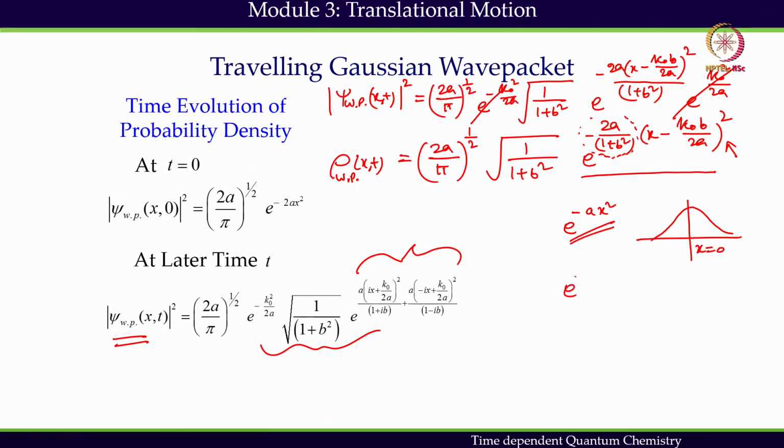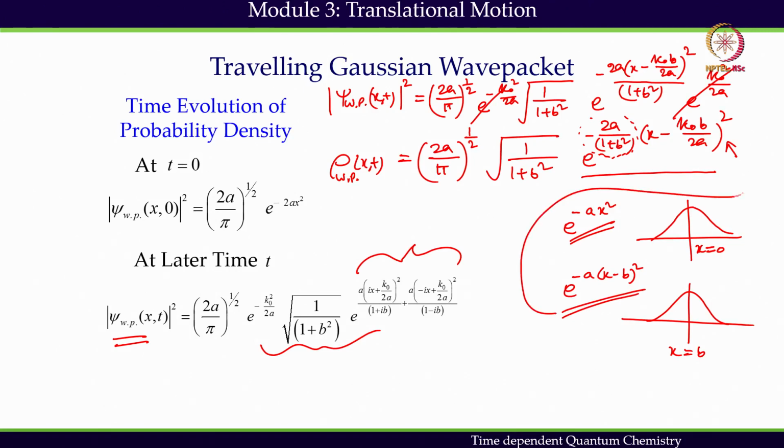But if I have e to the power minus a x minus b whole square, then this Gaussian function will be centered at x equals b. It's just shifted from the center position x equals 0 to x equals b, and that's the meaning of this Gaussian function, and similar Gaussian function we have here.